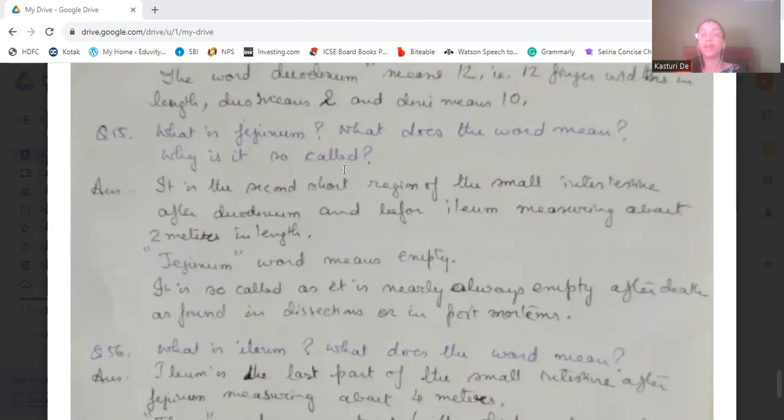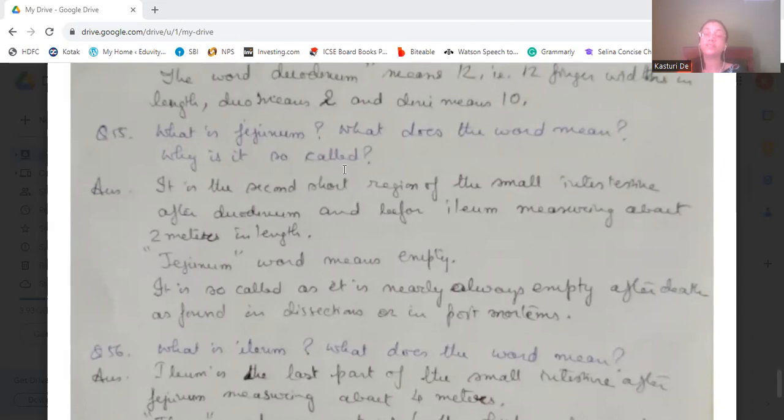So after a person dies, if a postmortem is done, we see that the jejunum is empty. So that's why we call this portion of the small intestine jejunum.